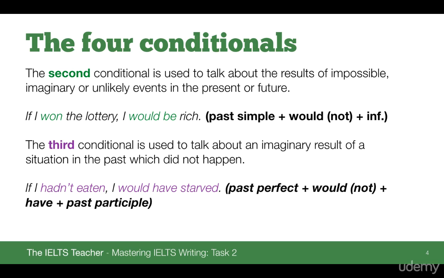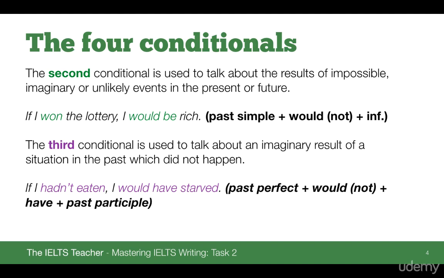So here, the past perfect after if, and then would or would not plus have plus the past participle. Again, don't use contractions when you write. It should be if I had not eaten, I would have starved. But that's not the type of sentence you see in an essay.